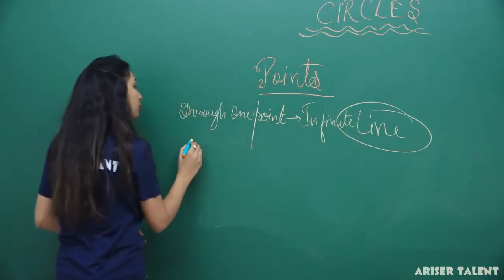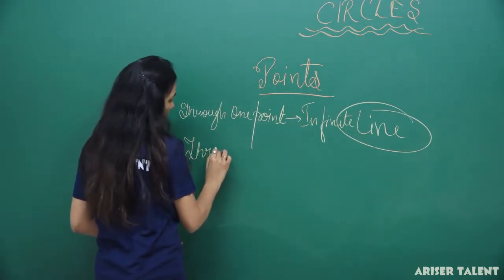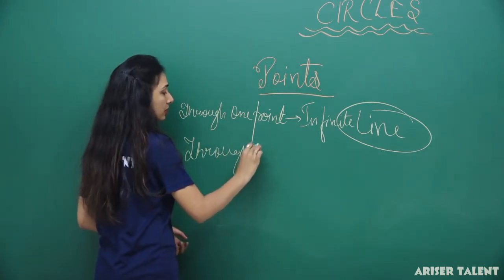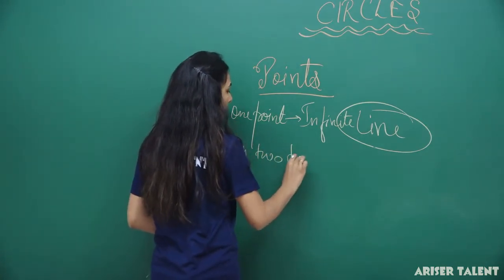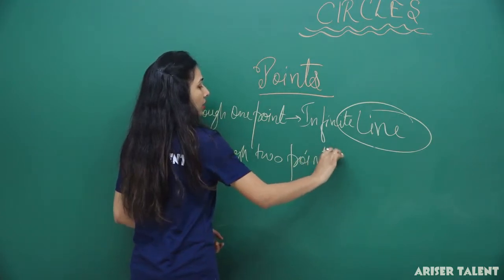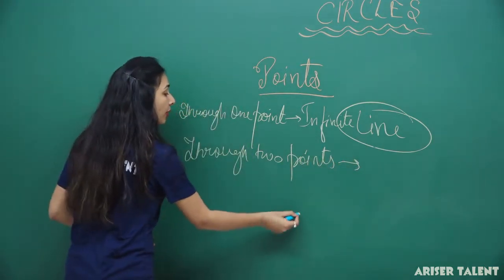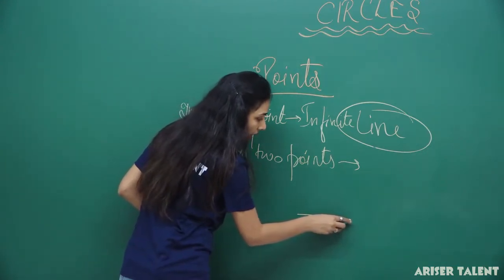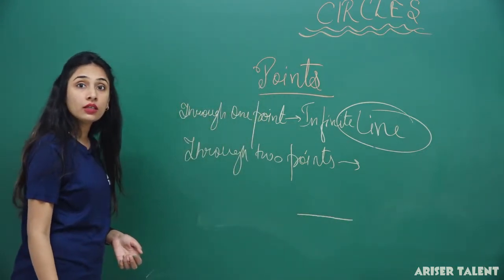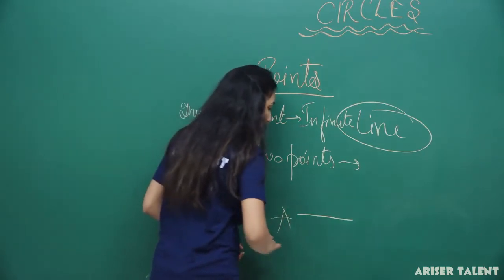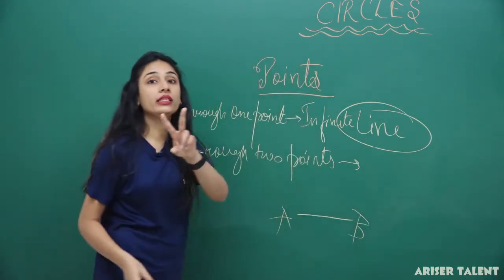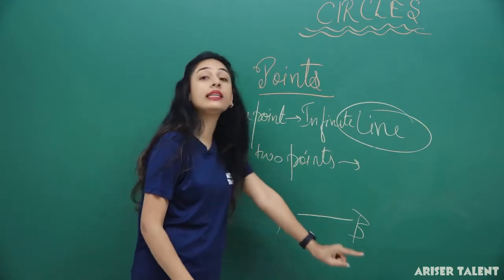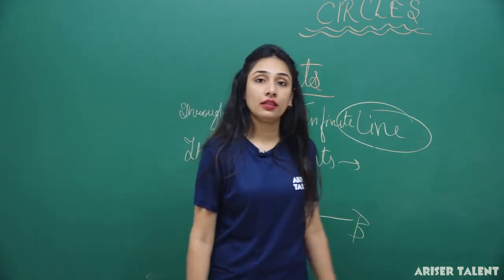But what about 2 points? If I am having these 2 points here, let's suppose point A and point B, through 2 points I can draw only and only one line.